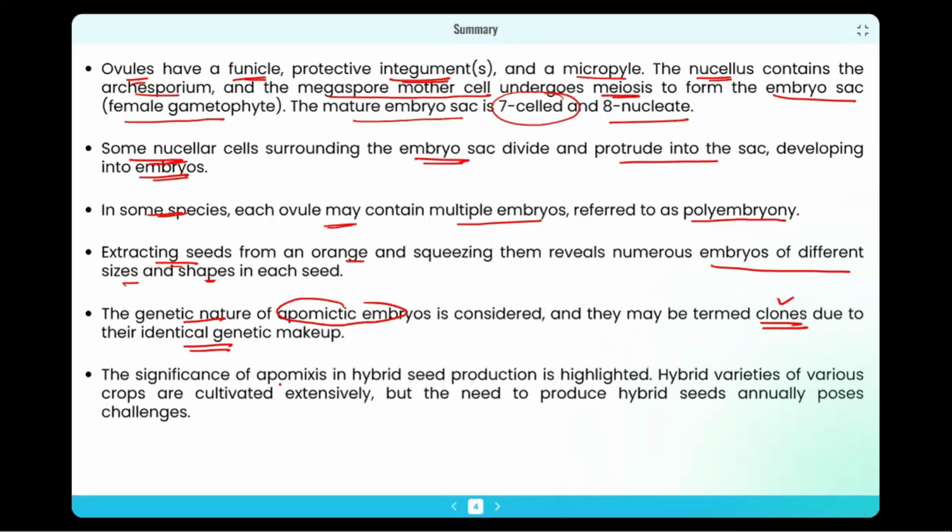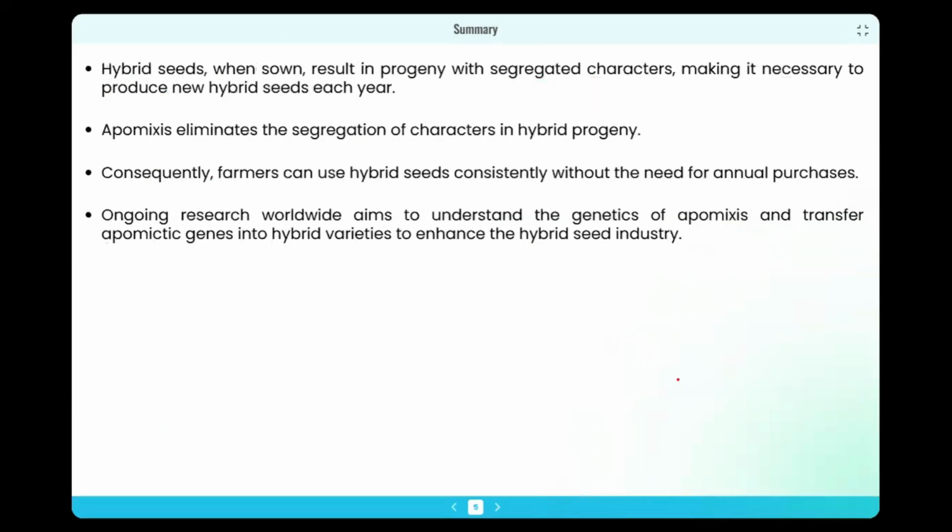Now, the significance of apomixis in hybrid seed production is highlighted. Hybrid varieties of various crops are cultivated extensively, but there is a need to produce new hybrid seeds each year.